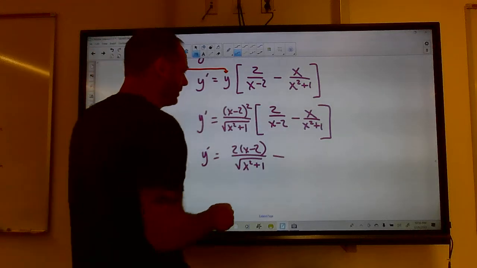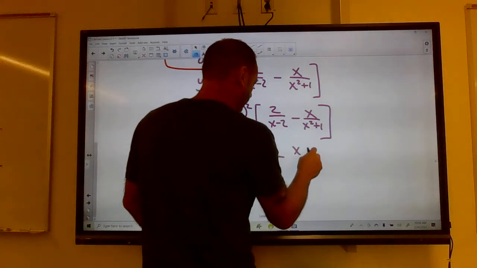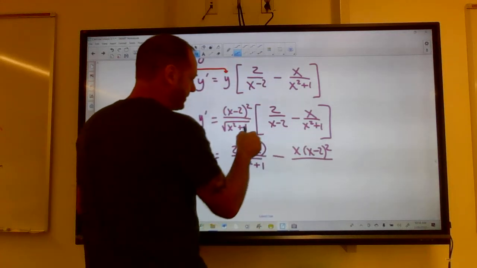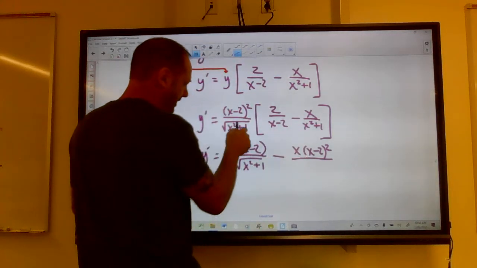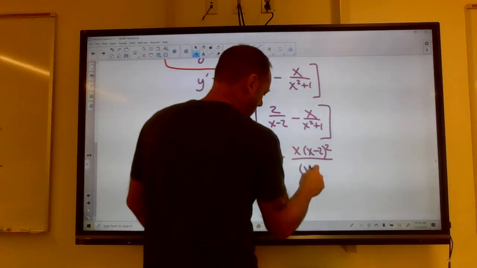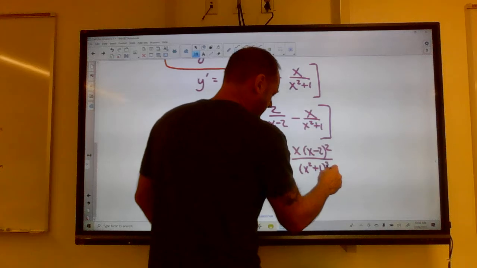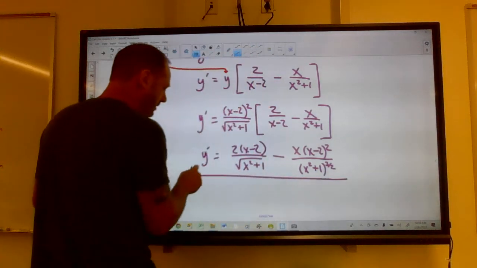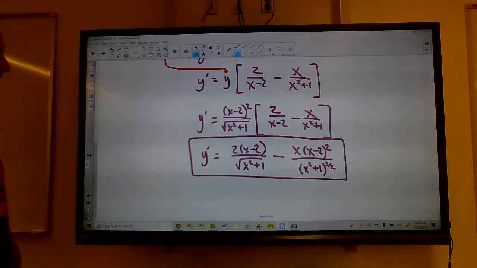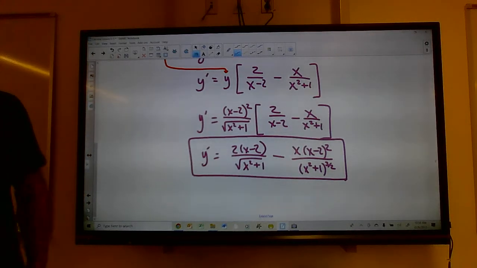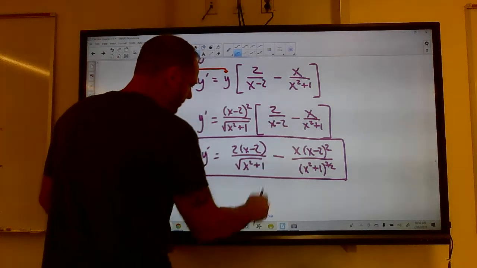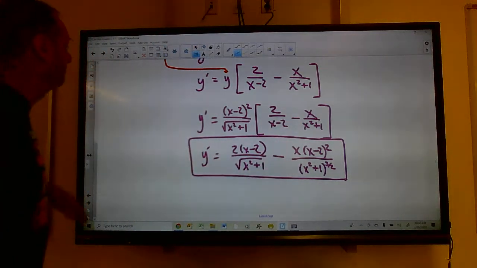And over here, you'd have x times x minus 2 squared, and this is x squared plus 1 to the 1/2, and that's x squared plus 1 to the 1, so this is going to be x squared plus 1 to the 3/2 power. And if you really wanted to, you could get this into one fraction, but we're going to leave it at that.